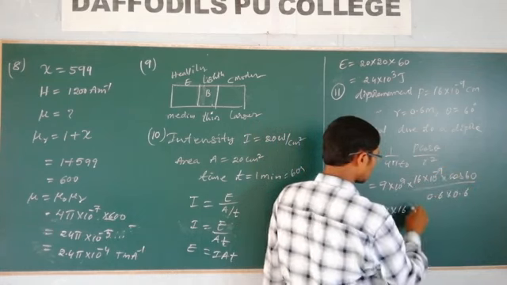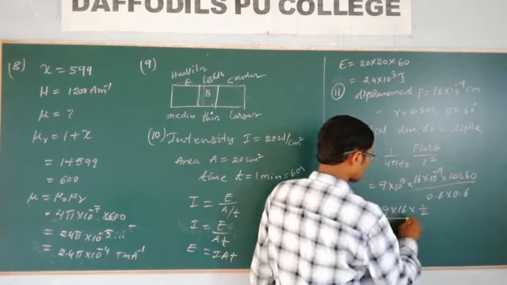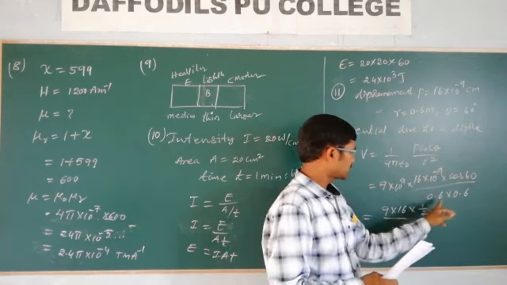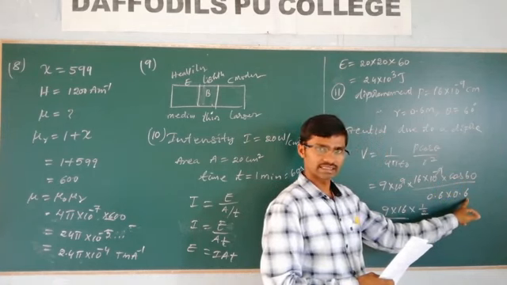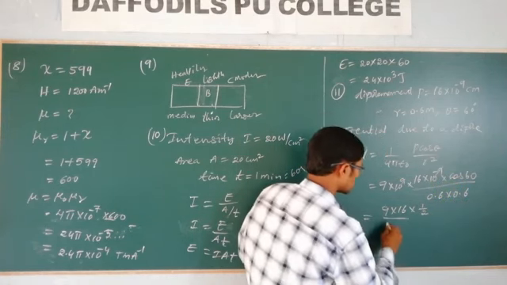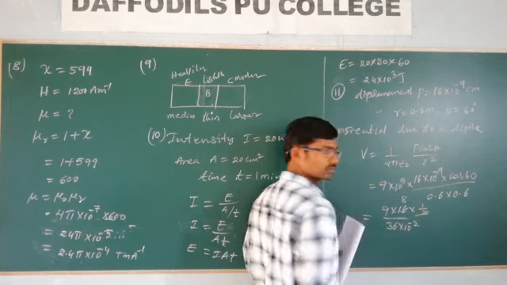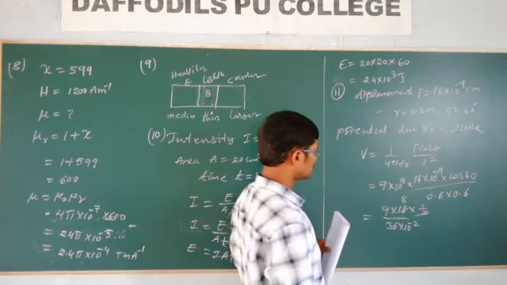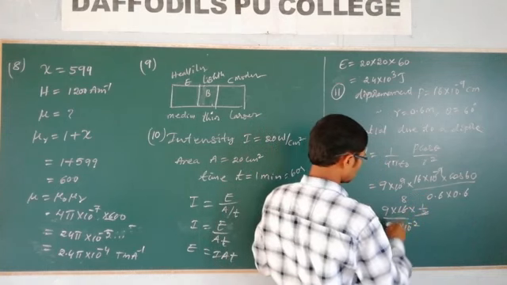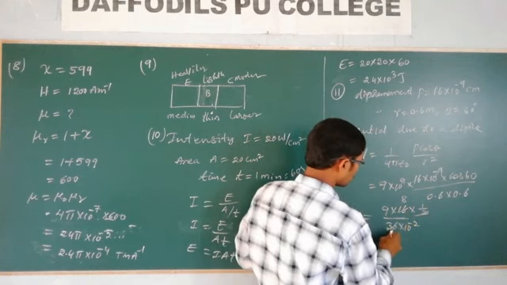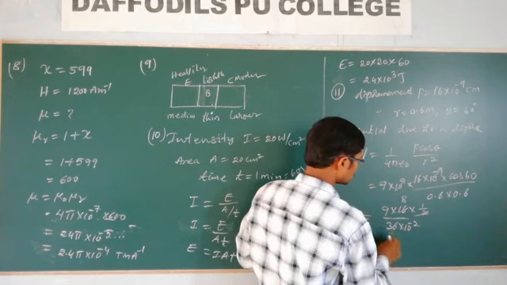Now 9 into 16, here 10 power 9, 10 power minus 9, and this cos 60 value is 1 by 2, by, let us take here 6 into 6, 36 into 10 power minus 2.